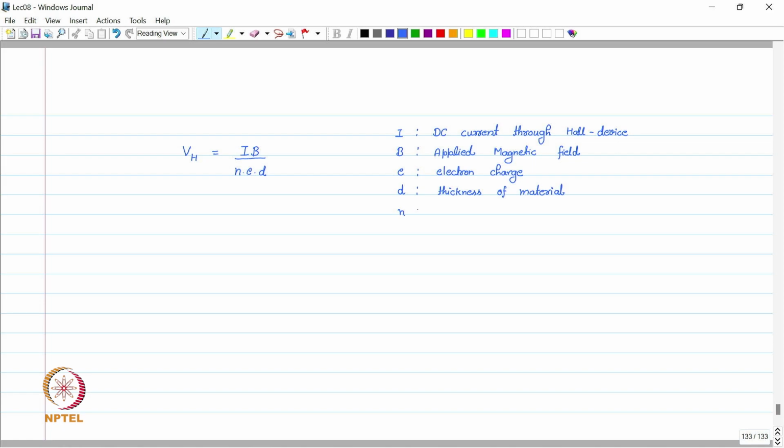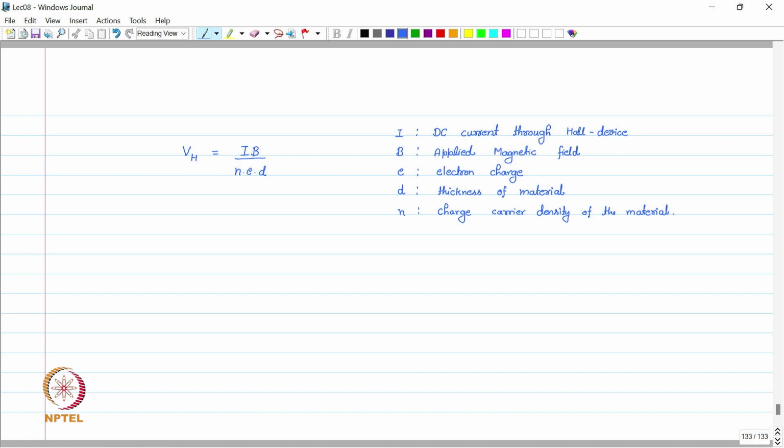And N is the charge carrier density. So this is the output Hall voltage VH equal to IB upon NED.